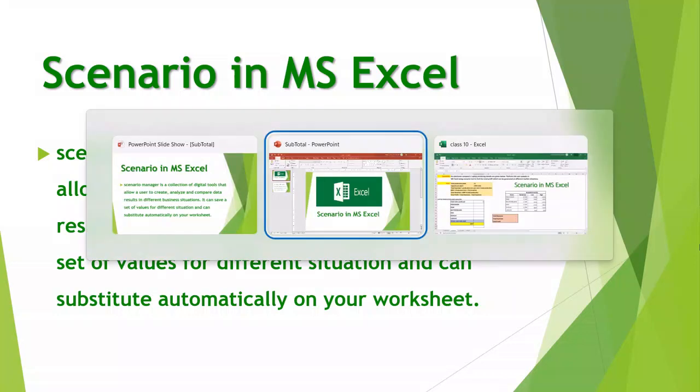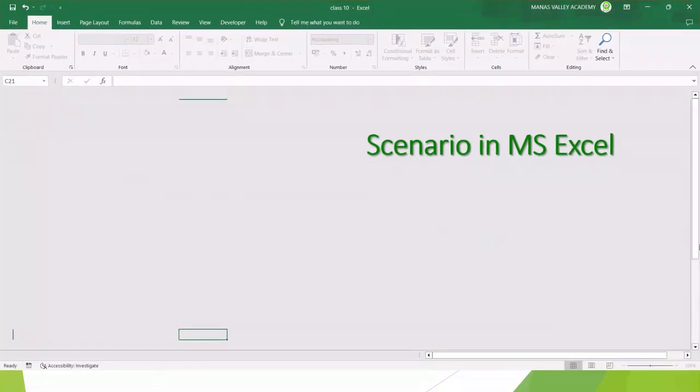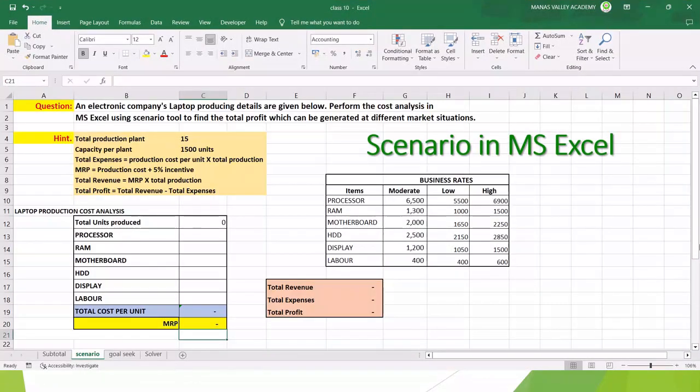Now let us see practically how this feature of MS Excel helps us to solve various types of situations. So here in my MS Excel worksheet, there is a question or problem given, and it says that an electronic company's laptop producing details are given below.